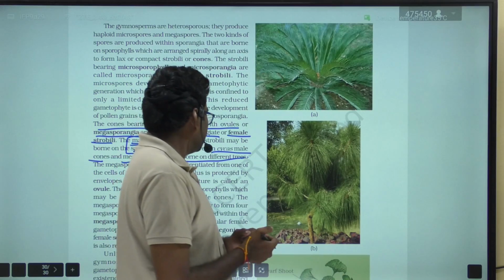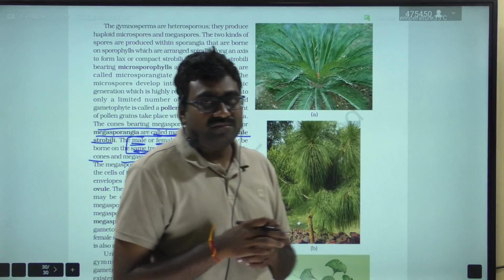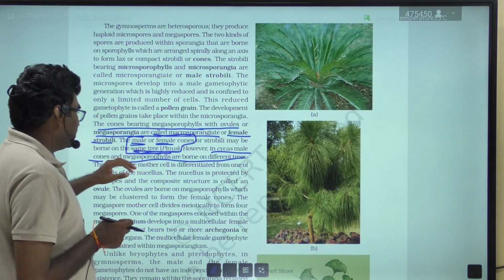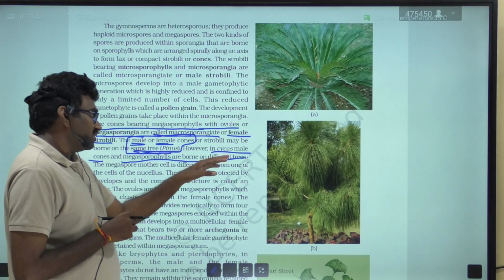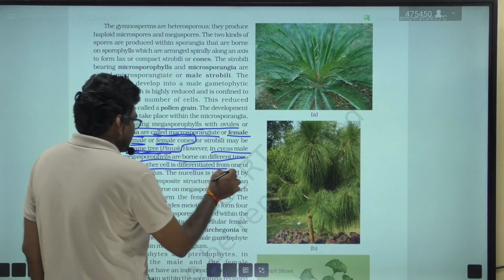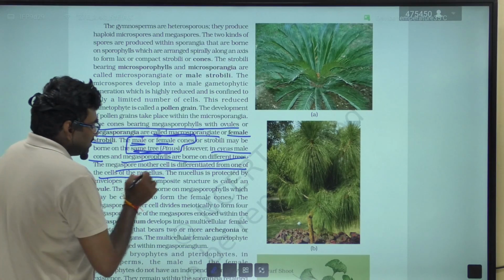In Pinus, male and female cones are produced on the same tree, whereas in Cycads they are borne on different trees. The megaspore mother cell is differentiated from one of the cells of the nucellus.